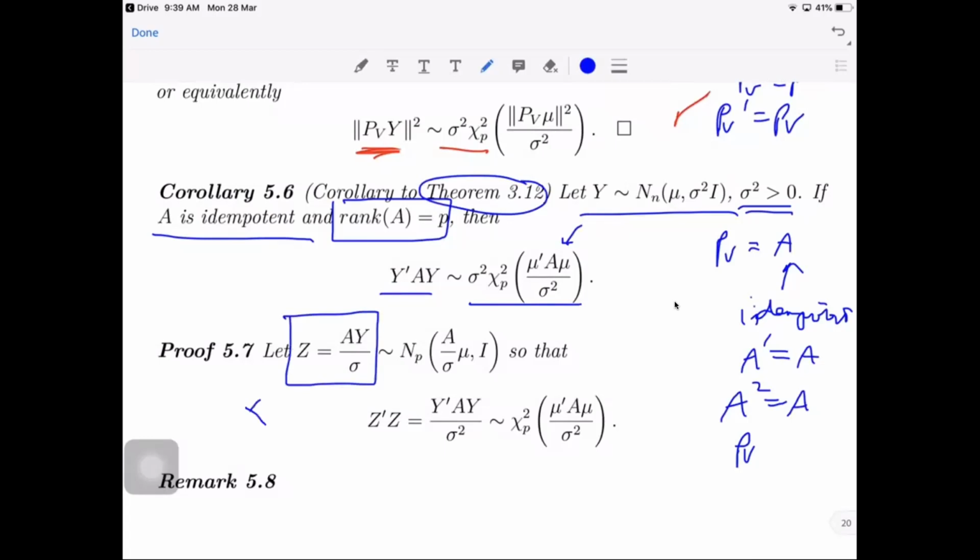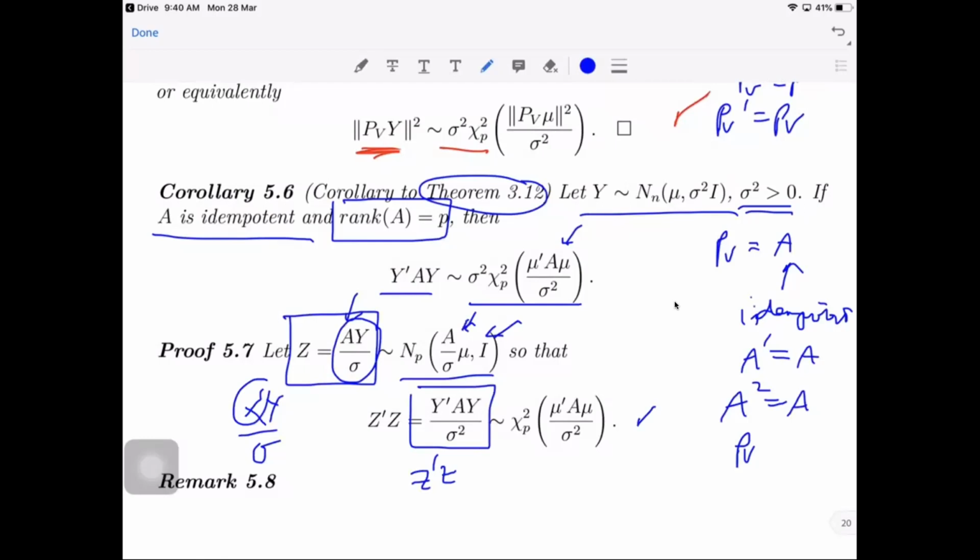Instead of X prime Y over sigma, we substitute X prime by A, and you can verify that this is normally distributed with this parameter. The mean vector is A mu over sigma, and the covariance matrix is still the identity, so that when you get your Z prime Z, it is also chi-square distributed.